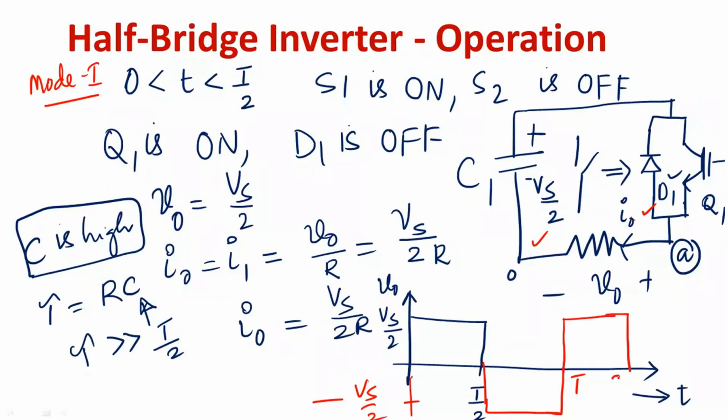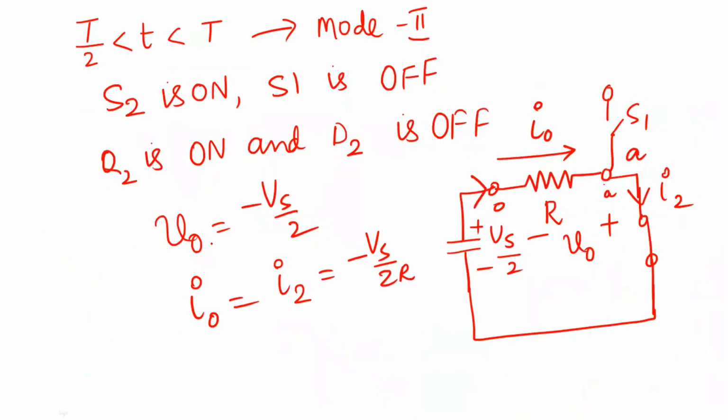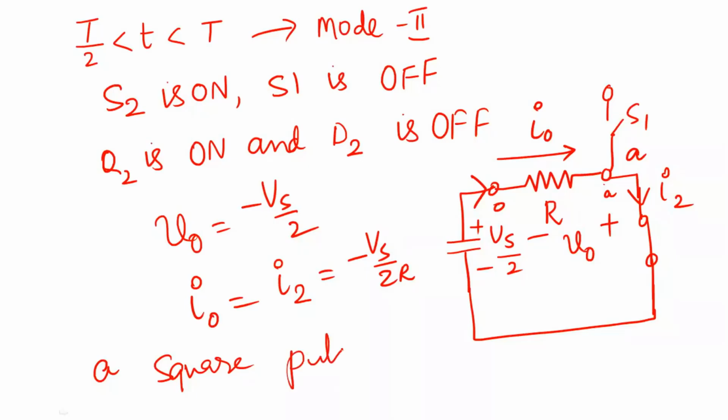This is 3T by 2, again from 3T by 2 to 2T, and you will get a repeated square pulse. So the output of a half bridge inverter is a square pulse.